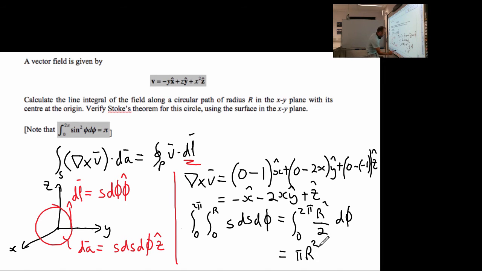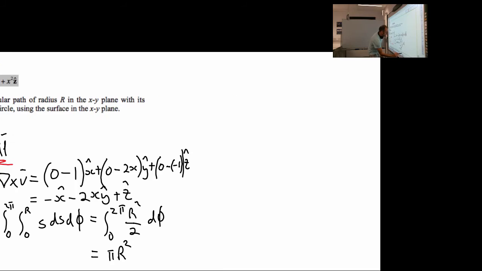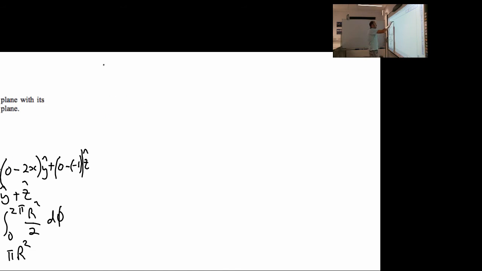We are going to have x is equal to s cos phi, y is equal to s sine phi, and z is equal to z. Okay, so we're writing our Cartesian coordinates now in cylindrical form.